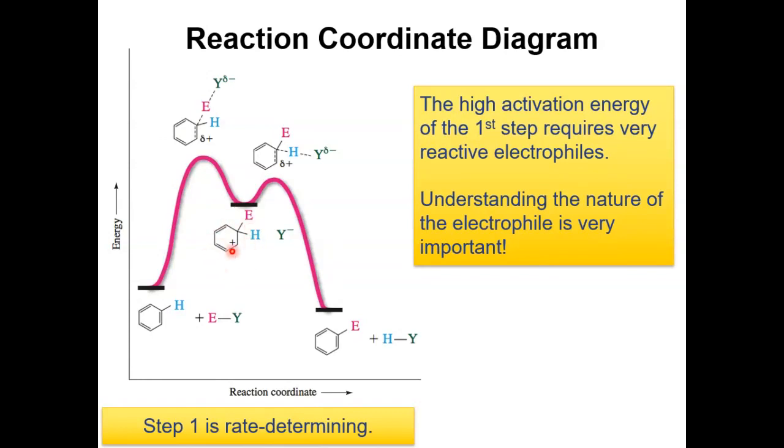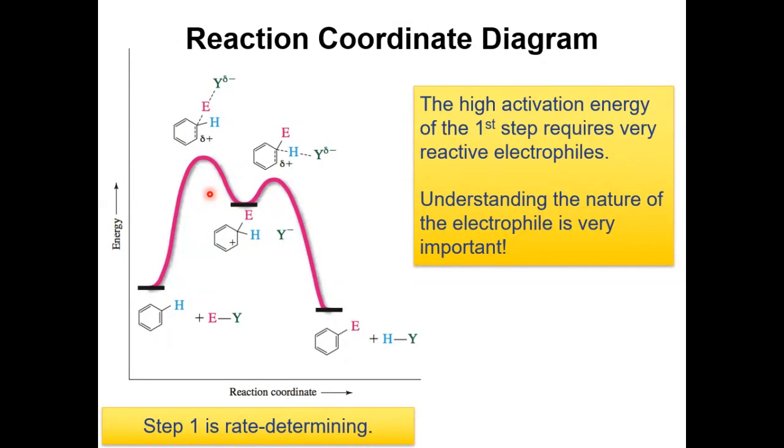That means if anything makes this intermediate more stable, if you fine-tune the structure of this intermediate to make it more stable, then this potential energy will go down, right? And the same structural modification will make the transition state also more stable, lower in energy.